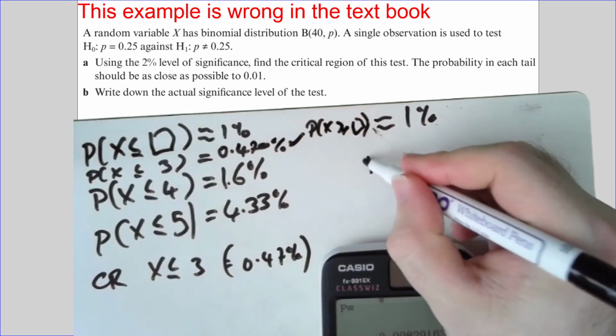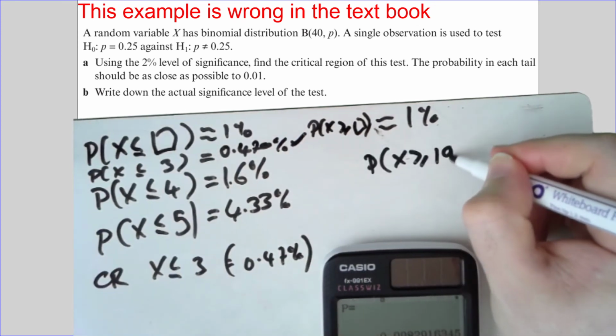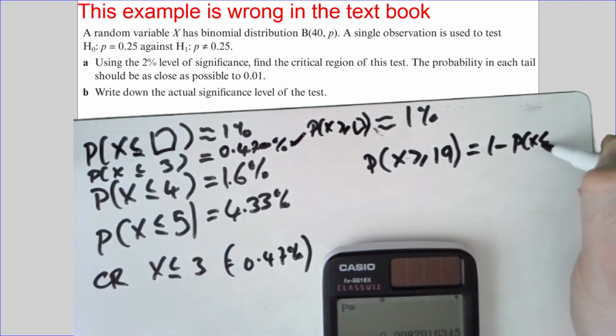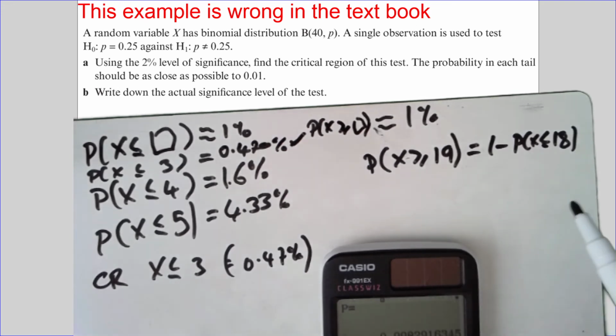If we want to do probability x is greater than or equal to 19, this is 1 minus probability x is less than or equal to 18. If you're struggling with this binomial probability stuff, you need to go back and review chapter 6, because that was about using the binomial distribution.